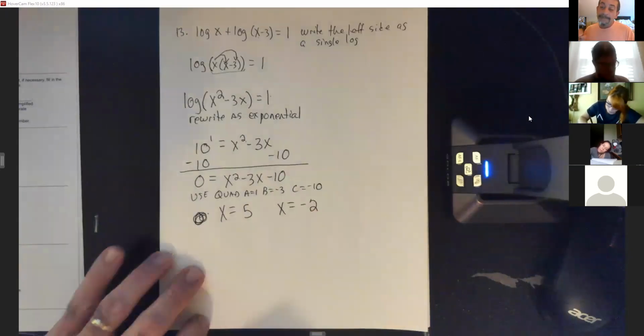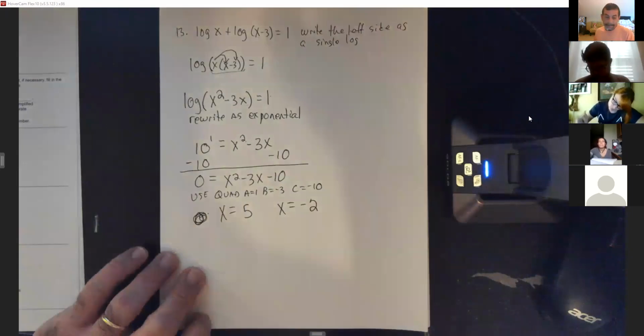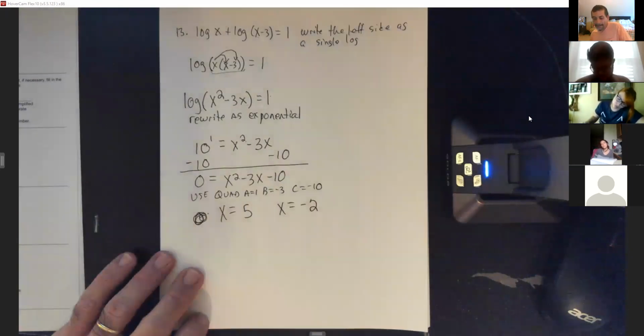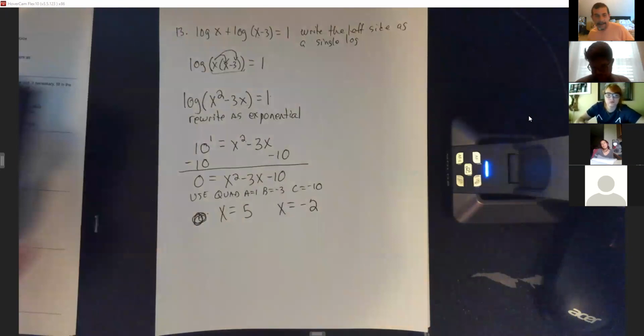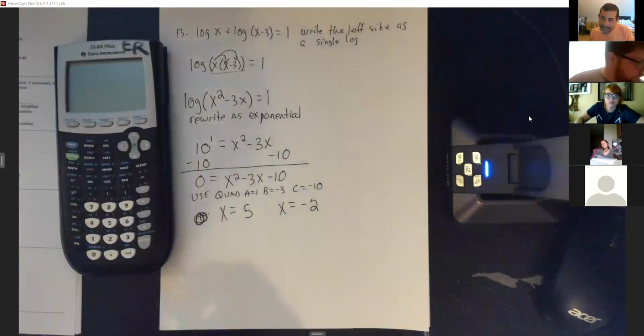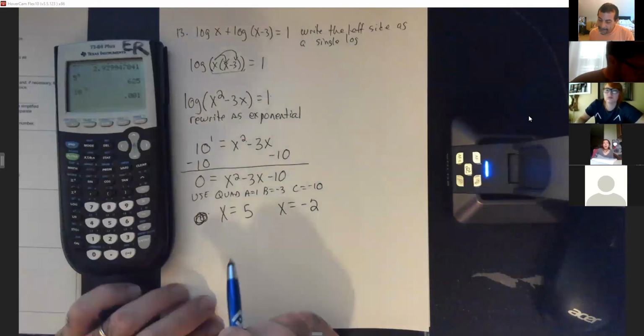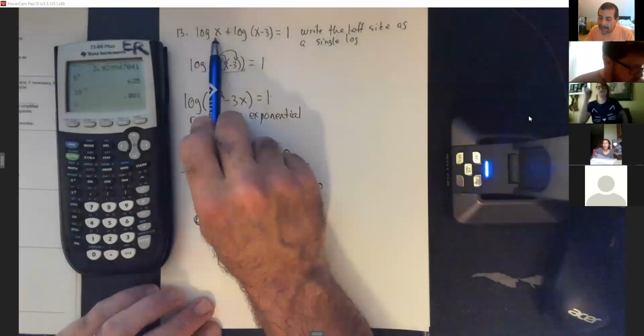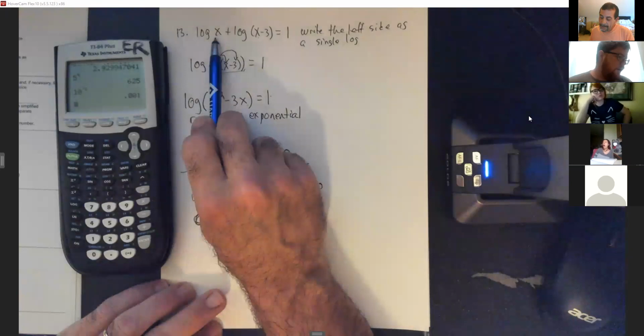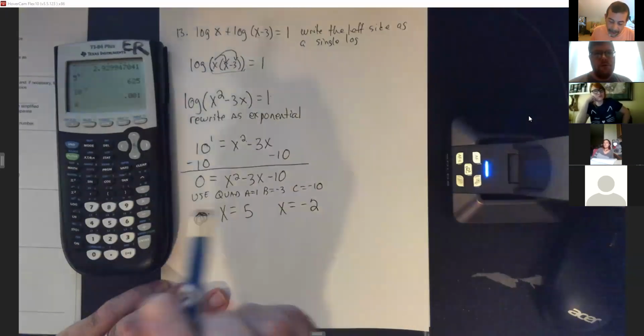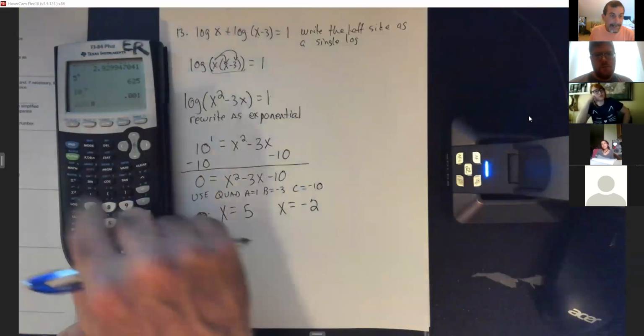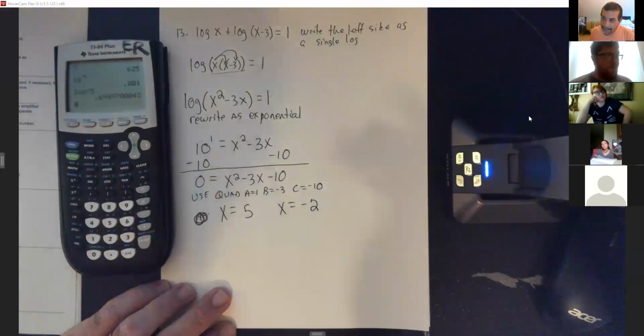So what would my final answer be? Well, this goes back to yesterday, but let me see. If I put these answers in for this log, I'm going to check that. I can put a 5 in and take the log of it. Watch this, log of 5, that's going to give me a number. What about that -2?